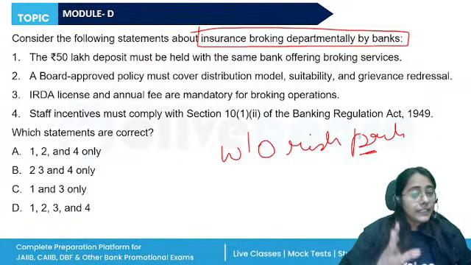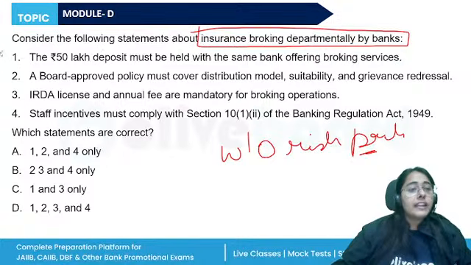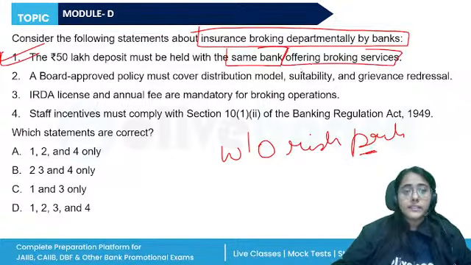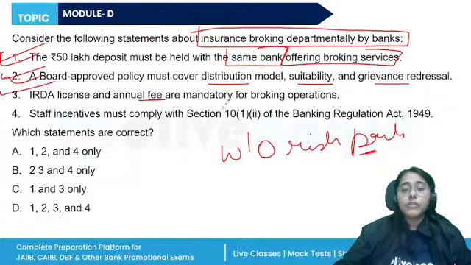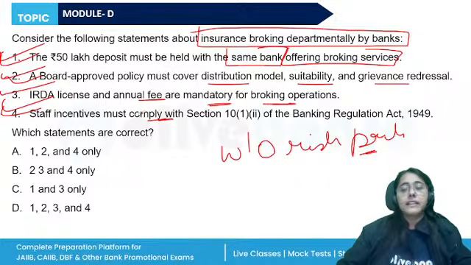So, departmentally, what should be true? 50 lakh deposit must be held with the same bank offering the broking services. A board approved policy should be there covering distribution model, suitability, grievance redressal. The LDI license and annual fee are mandatory for the broking operations. Staff incentive must comply with the Banking Regulation Act of 1949.